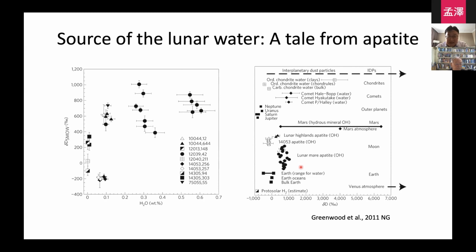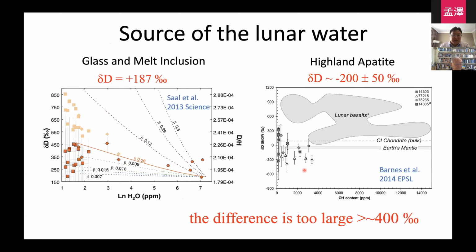Basically, one is the solar wind. The other one is indigenous water in the lunar interior, and also there are comets. So based on these hydrogen isotope compositions, they showed there are multiple sources for the water in the lunar interior.